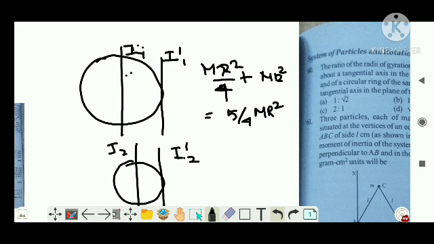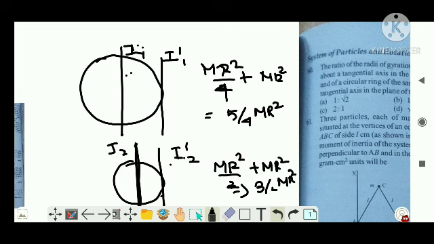Similarly, in the case of the ring, about a diameter, it is mr squared by 2 plus mr squared, so it would be 3 by 2 mr squared. Now let us compare these with the radius of gyration.